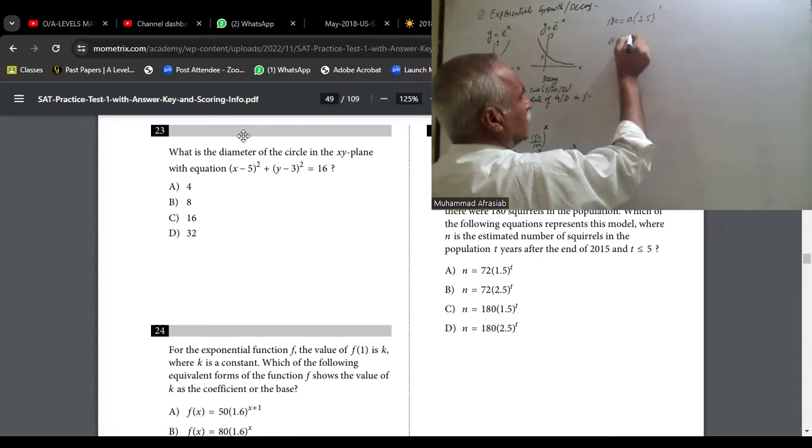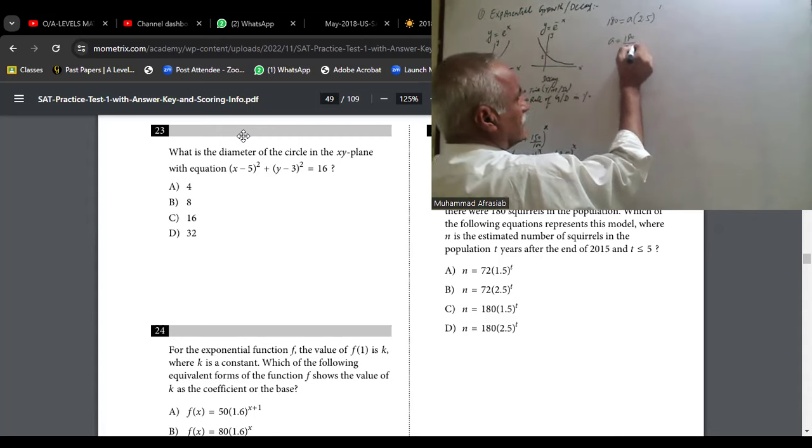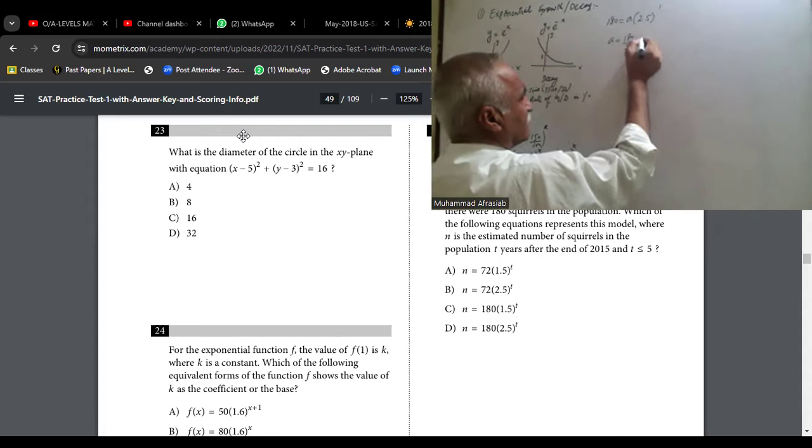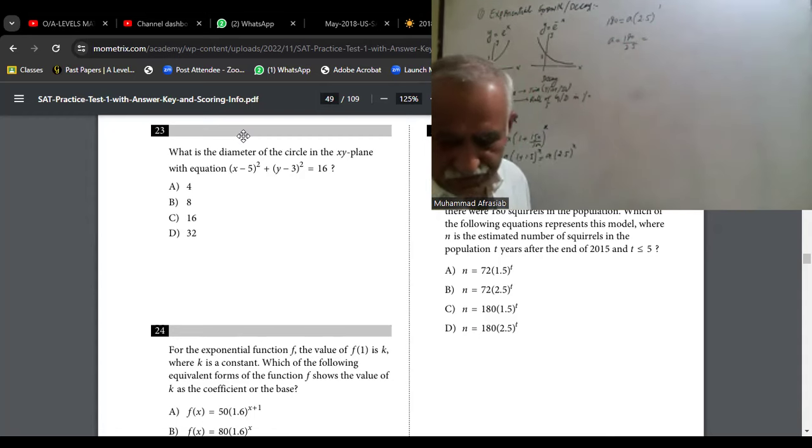So A is equal to 180 over 2.5, which is 72.